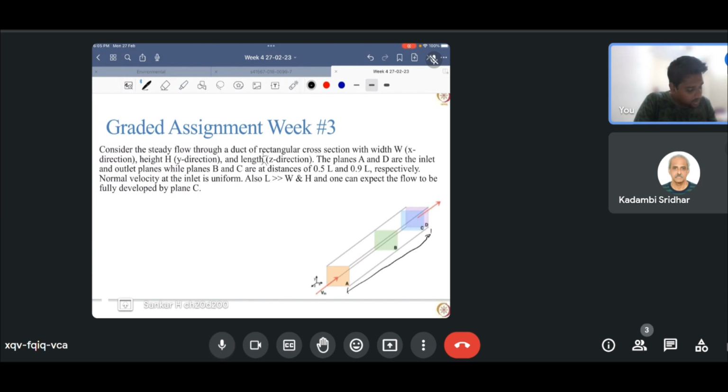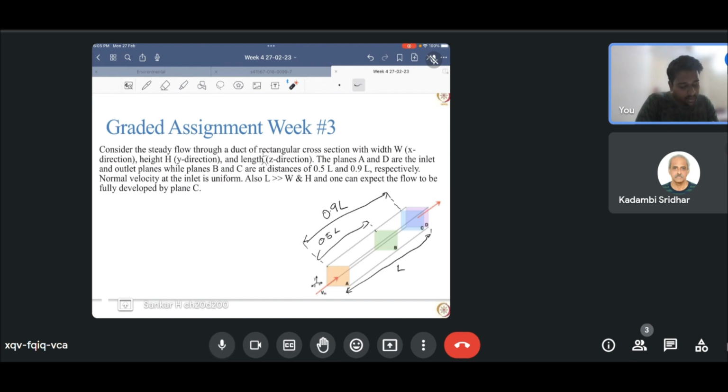So from A to D, the length is L. And it is given that the planes B and C are at a distance of 0.5 and 0.9 times L. So from A to B it's 0.5 times L, and from A to C it's 0.9 times L.